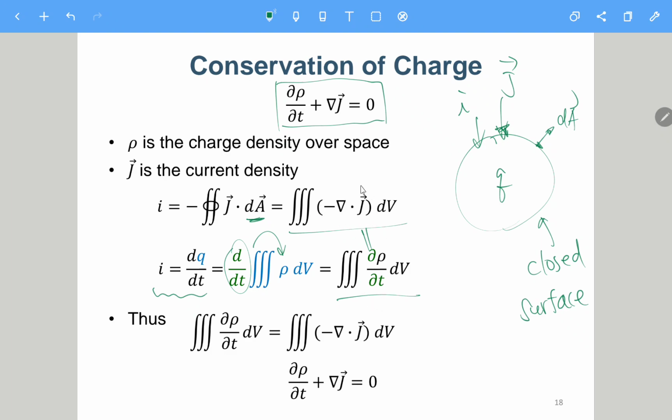So finally, we have partial rho partial t equals negative divergence of J. And then we try to move it to the left side. This is a vector, so we should have a dot in between, which means that it should be the divergence of J.